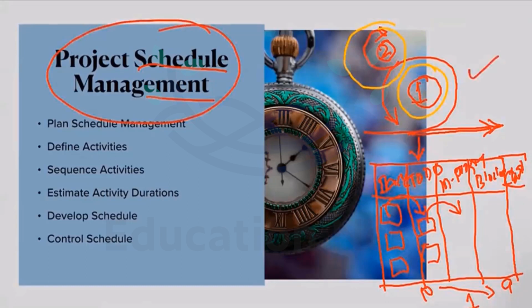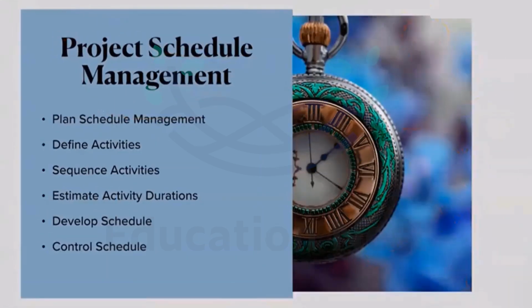In agile, questions will definitely come, and also Kanban board questions are going to come, right? So today we are going to learn all these 6 important processes: planning the schedule management, defining the activities, sequence of the activities, estimating the activity durations, developing schedule, and controlling schedule. Okay.